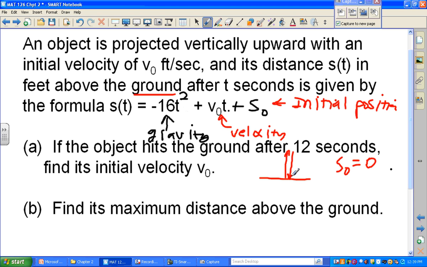Is 12 seconds a long time? Have you ever thrown a ball in the air and counted to 12 and caught it, if it was actually seconds? Are you sure? Have you tried it? You've never tried it? Well, you should do this sometime. When you're watching golf, have you ever played golf? Anybody ever play golf? Putt doesn't count.